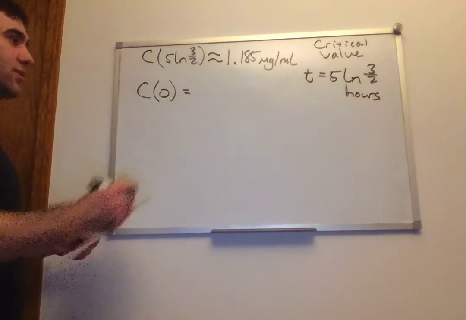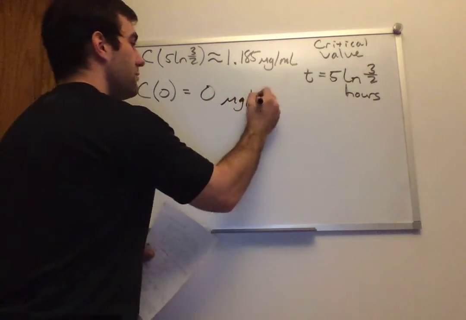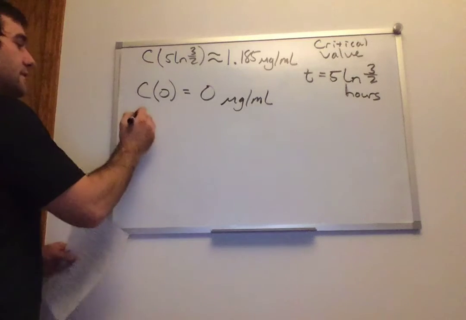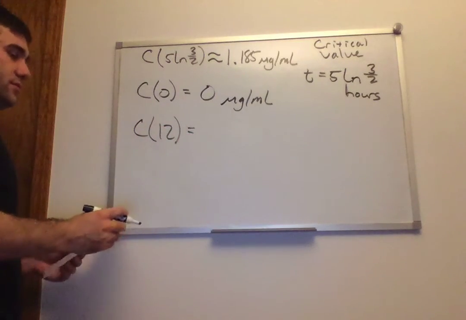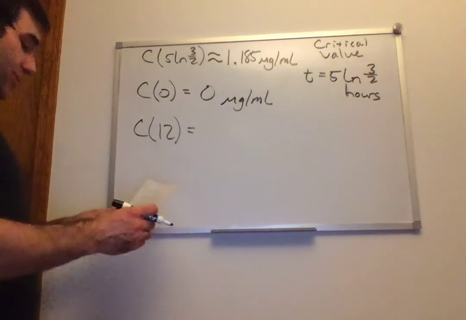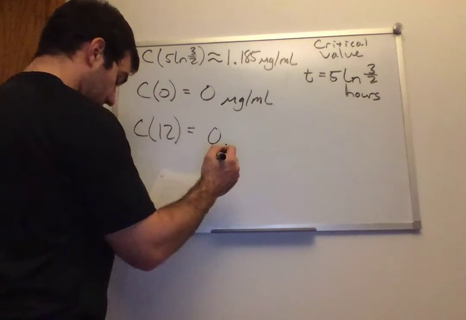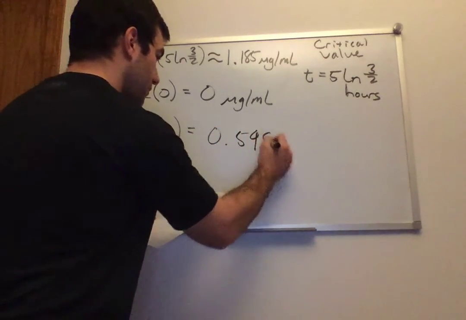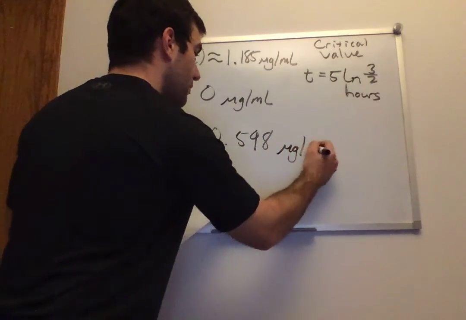At time equals 0, you should have a 0 concentration, micrograms per milliliter. So now C of 12. The function value at time equal to 12. Again, if you plug that in, I'm using a calculator for this, but I have the numbers written down. Micrograms per milliliter.